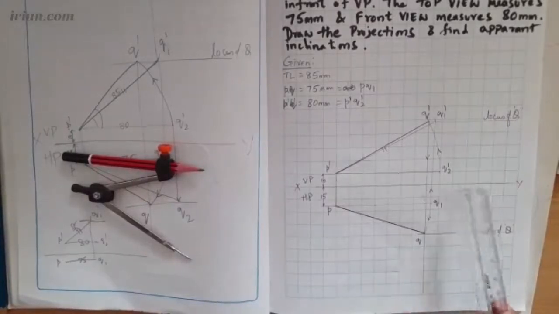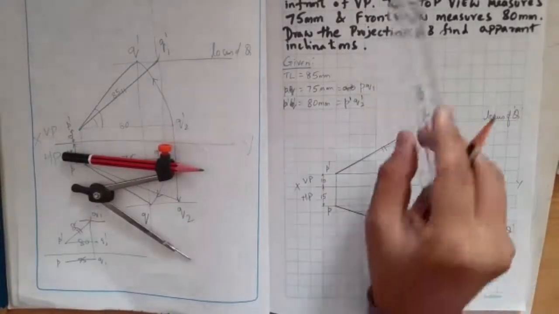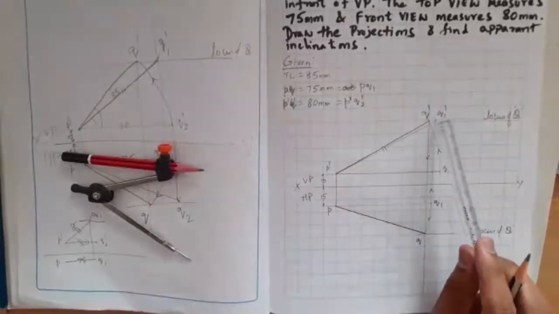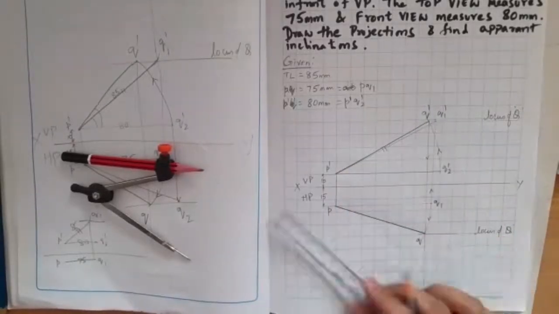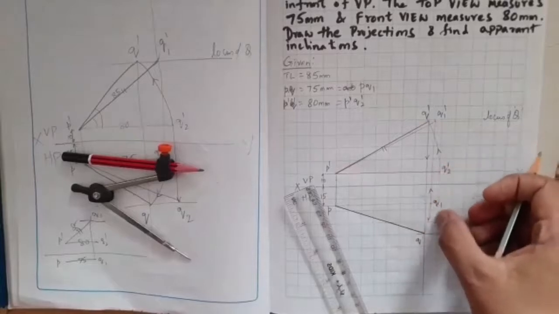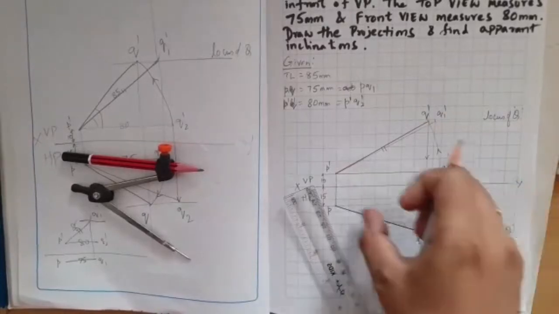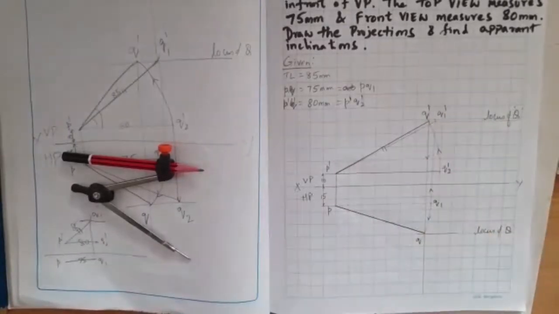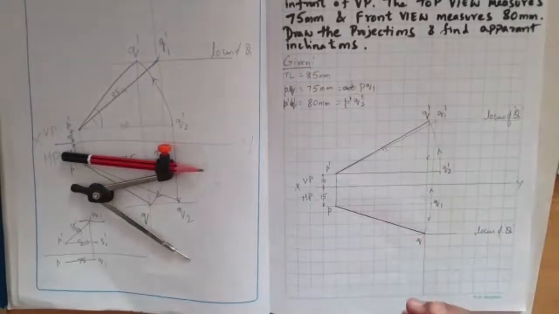Next, your problem will be right only when you get true length 85 mm after dropping this front view back till here and drawing a line from Q2 dash to Q2, then joining Q2 to P. If you join it, it should be 85 mm. Then your problem will be right.